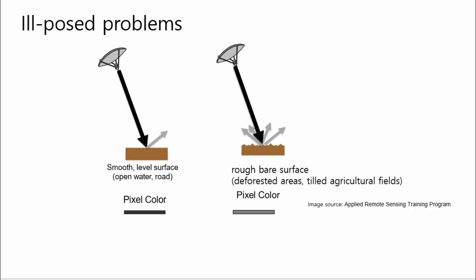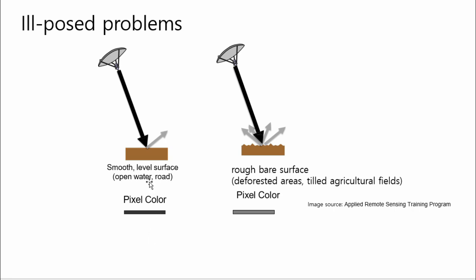However, extracting information from the backscattering coefficient is an ill-posed problem, meaning there are so many complicated combined factors that affect the intensity of the backscattering coefficient. If you look at the figures here, if it is smooth, like open water or a road, it is just dark.